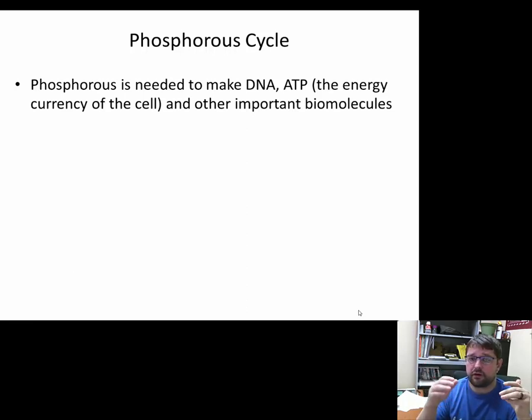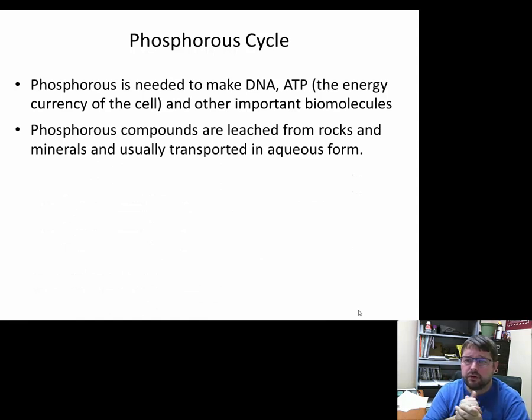ATP, or adenosine triphosphate, is really the energy which cells use to do work. If phosphorus is missing from the system, cells can't be copied, so there's really no DNA, and there's no energy for them to absorb carbohydrates and other things that are essential for the cell to live.